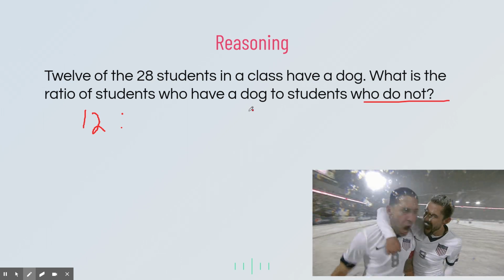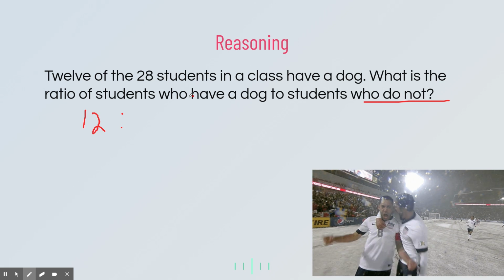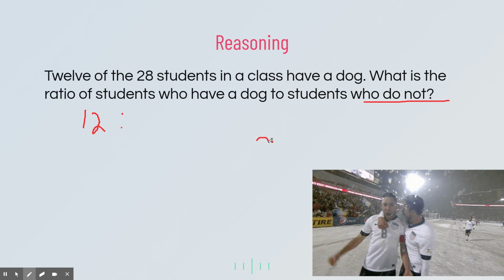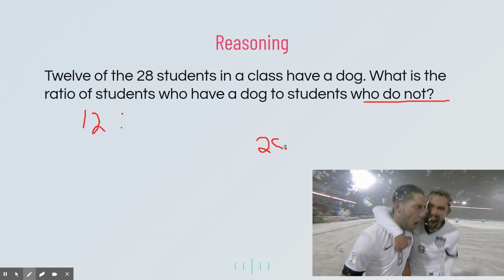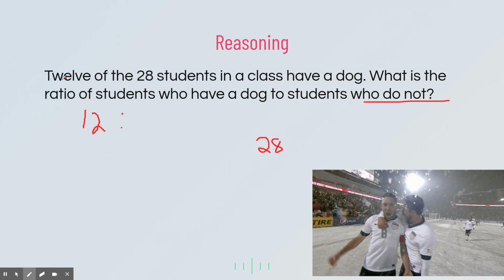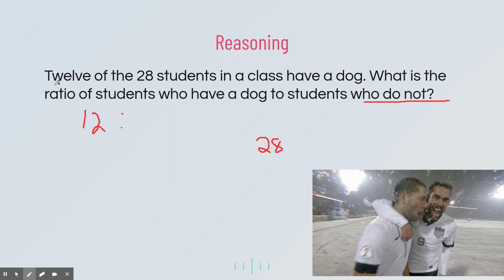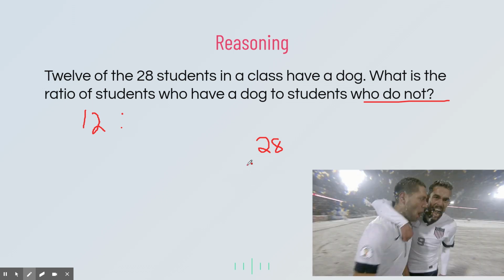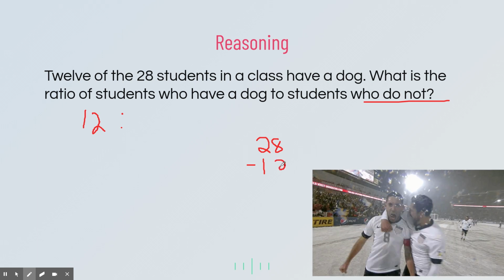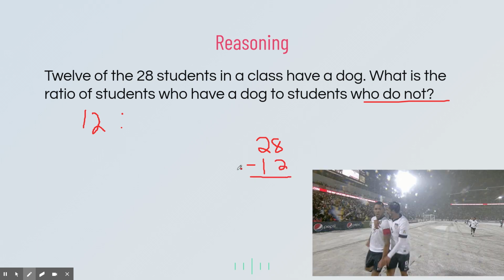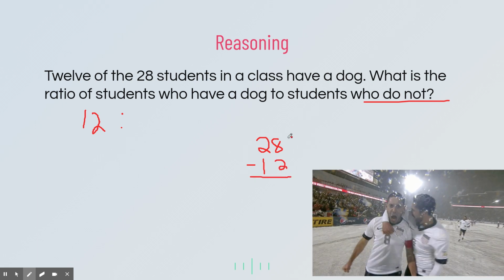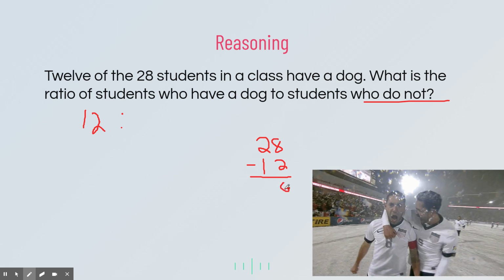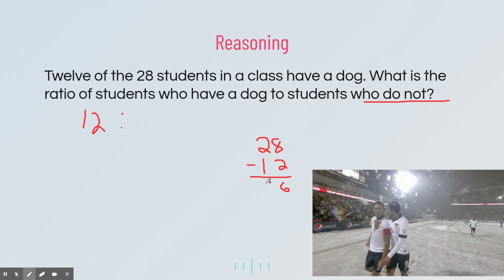They don't give us the number right away of how many students don't have a dog, but we can figure that out ourselves. If there's 28 students in the class and 12 students that have a dog, that would mean the rest of the class doesn't have a dog. So we can subtract the 12 students that do have a dog to get how many don't. 8 minus 2 is 6, and 2 minus 1 is 1.